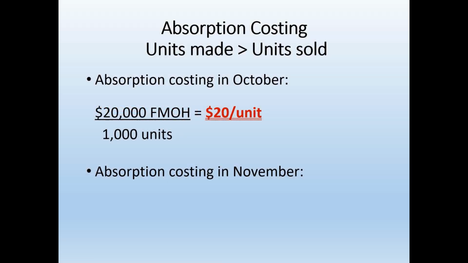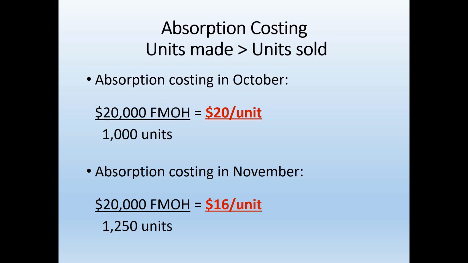Under absorption costing in October, we could take the total fixed manufacturing overhead of $20,000 and divide by 1,000 units. That means that in October, each unit has to carry a $20 share of the total fixed manufacturing overhead.